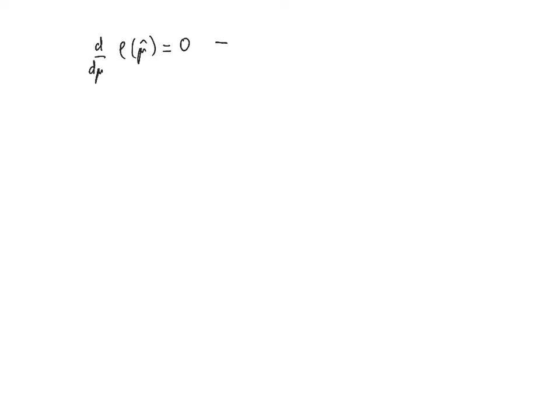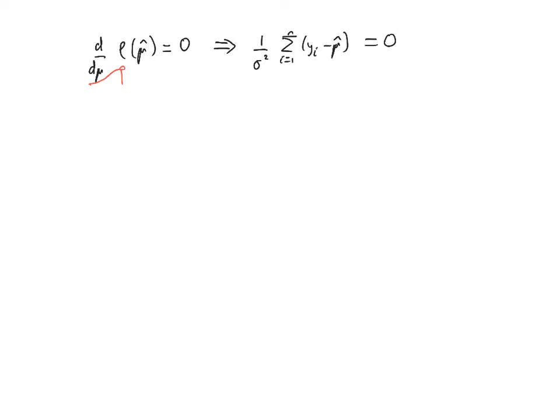And that means, using the expression on the previous page, that we're seeking the value such that 1 over sigma squared, the sum from i equals 1 to n of (yi minus mu hat) equals 0. So we're just taking the expression that we formed on the previous page for the derivative of the log likelihood function and evaluating it at mu hat, and that's the value such that the derivative is equal to 0.